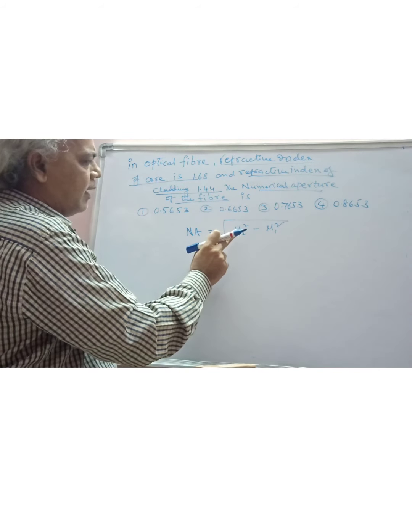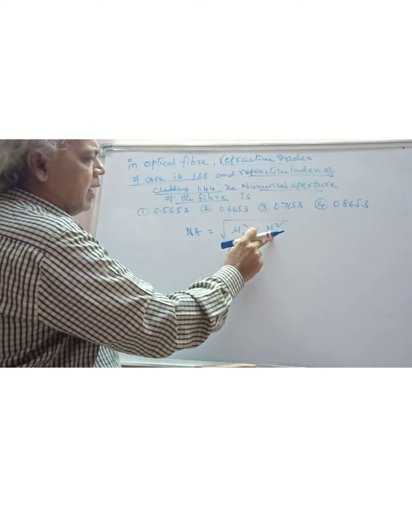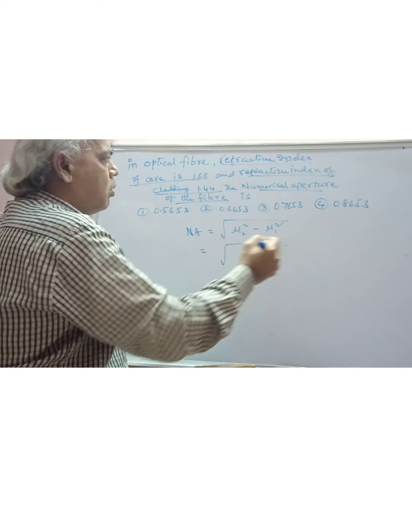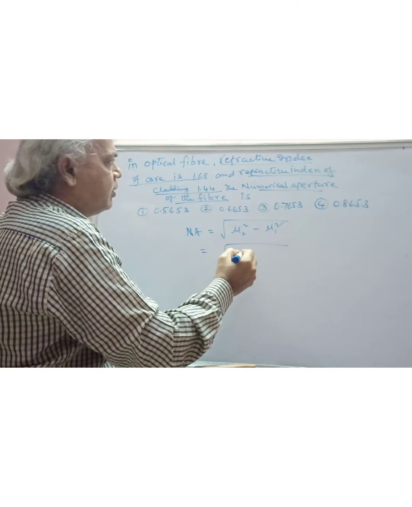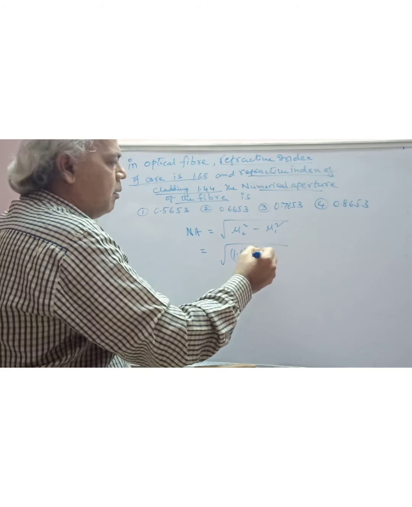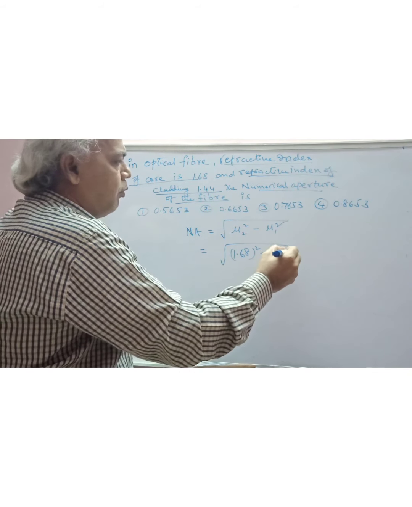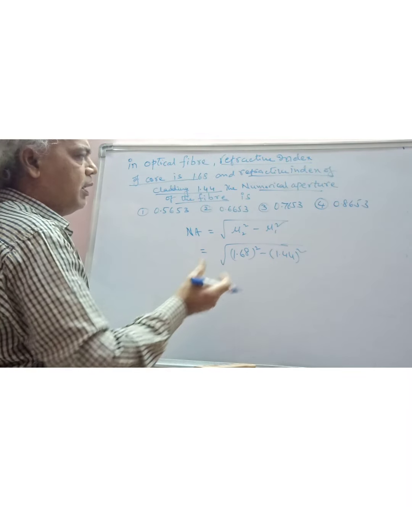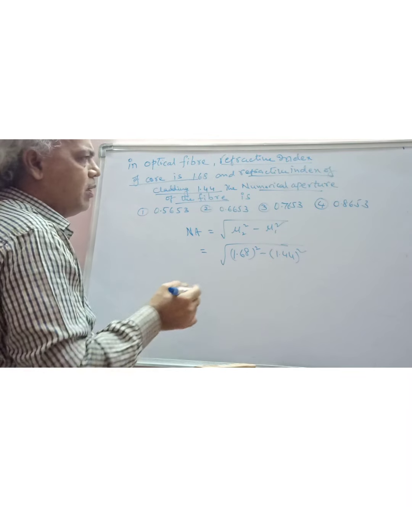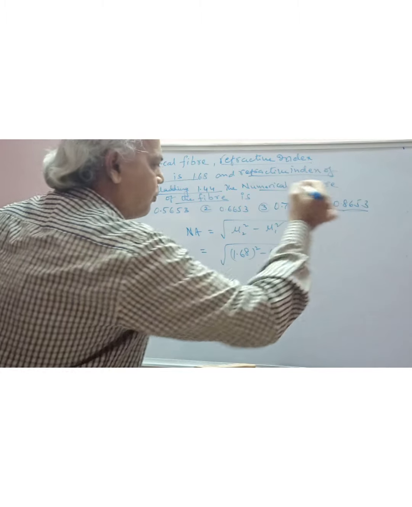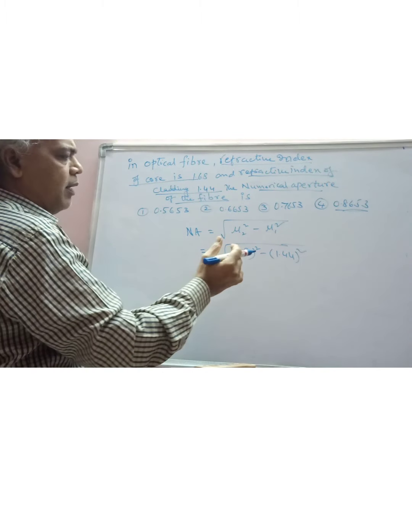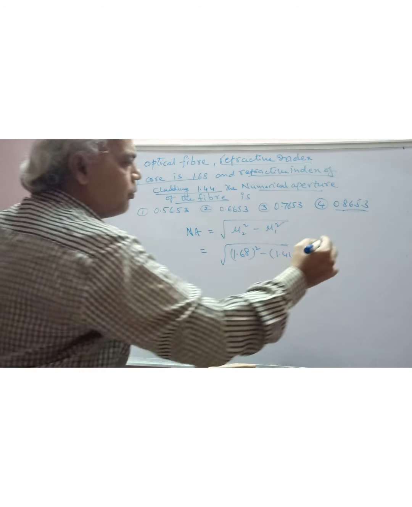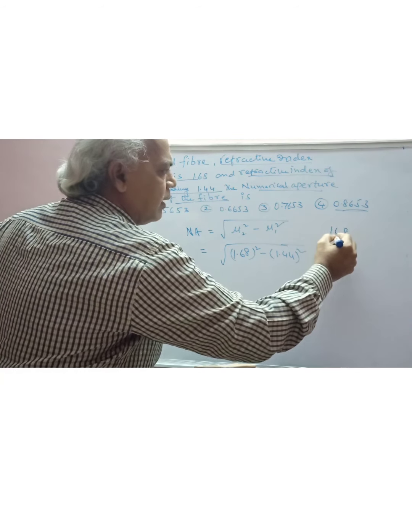So NA is equal to root of 1.68 whole square minus 1.44 whole square. Substitute and simplify this, we can obtain the value. So square 1.68 and square 1.44. 168 into 168.